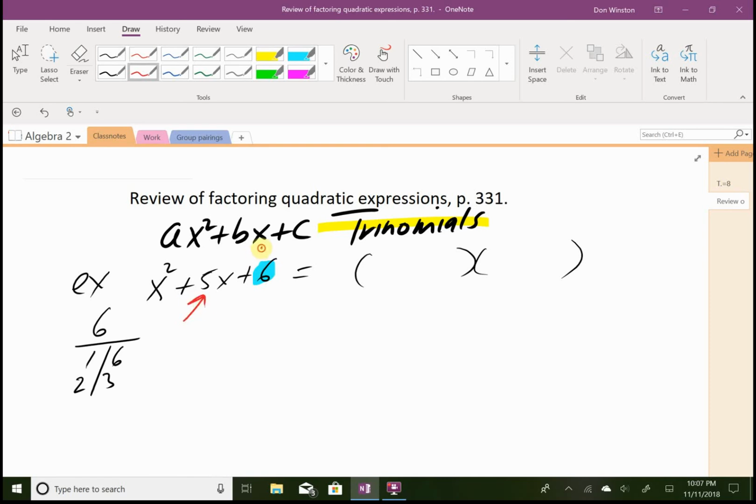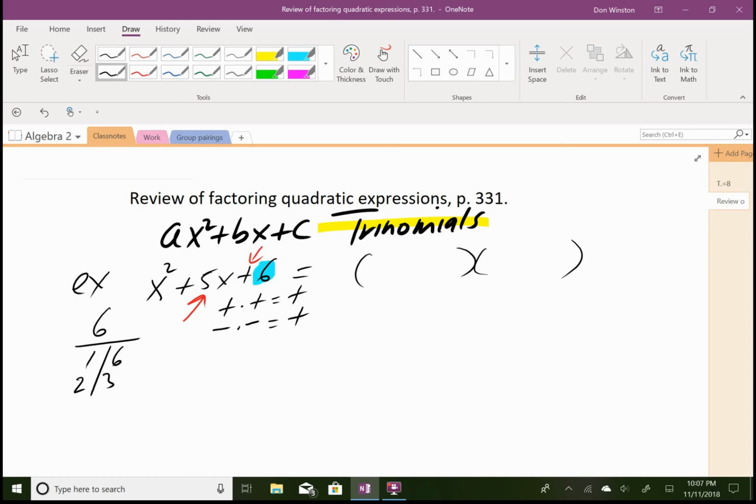Okay, notice here, though, that the c term is positive. There's two ways in which you can get a positive when you multiply two numbers. One way is a positive times a positive, which equals a positive. The other way is a negative times a negative, which equals a positive. So we're going to have to multiply two numbers and get a positive 6.